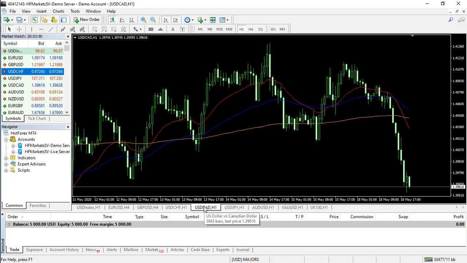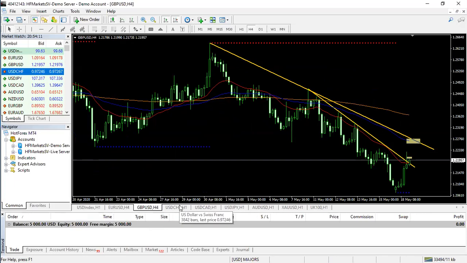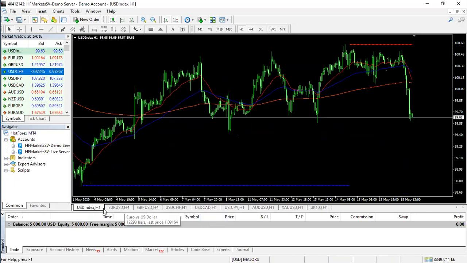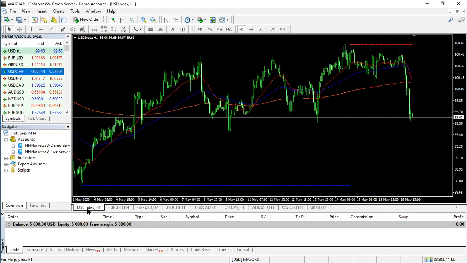Well, can you repeat a bit about the index part? Okay, the USD index, when you analyze it, gives you a general trend of what to expect from the USD. When it comes to trading EUR/USD, GBP/USD, in short, any trade where the USD is the base currency will be almost an exact replica of what the USD index is doing.